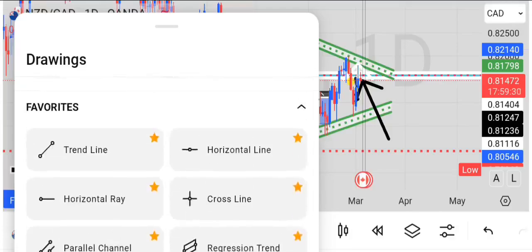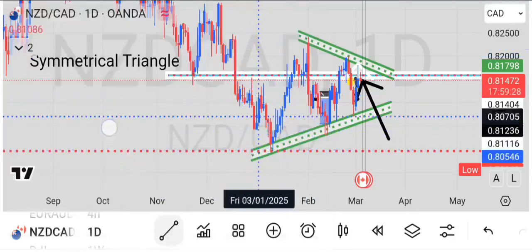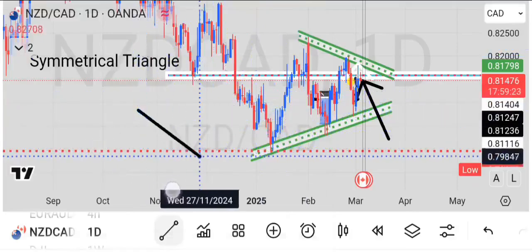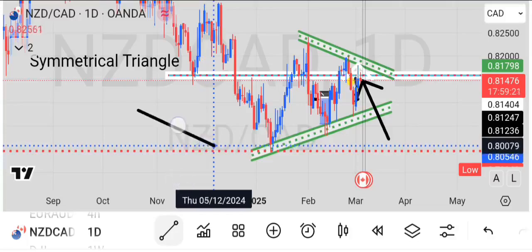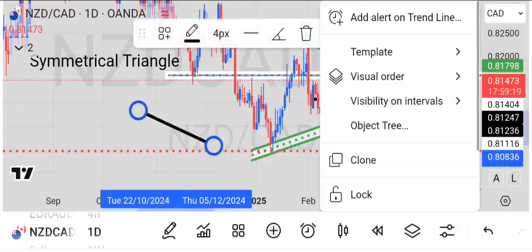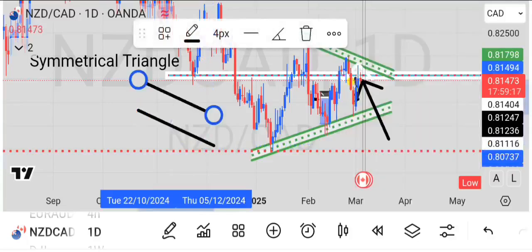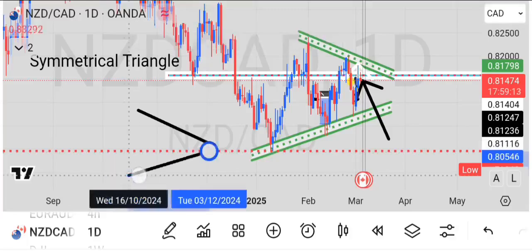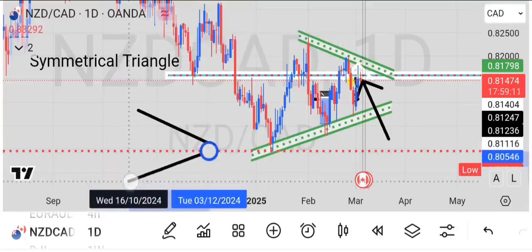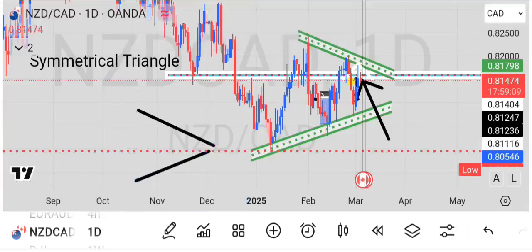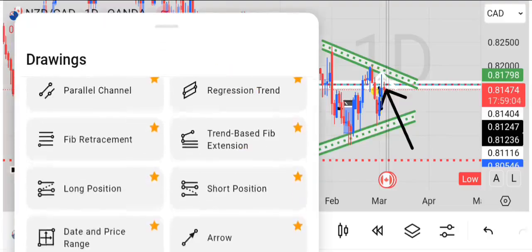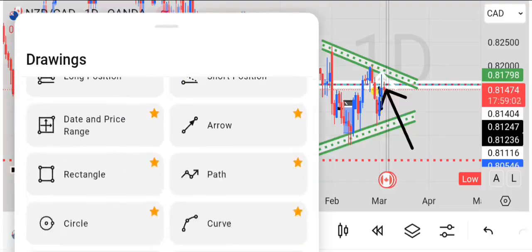So now let me draw out the triangle itself. Look at the black lines.